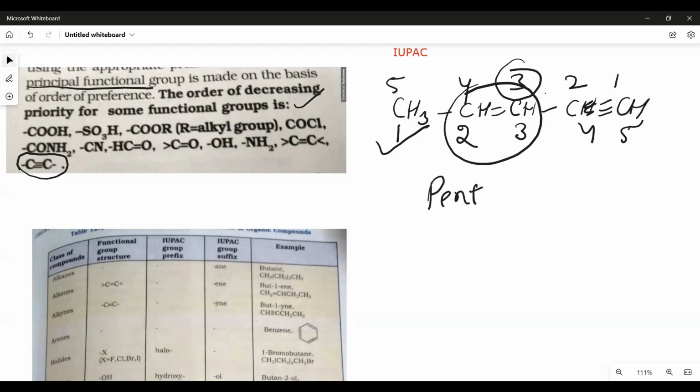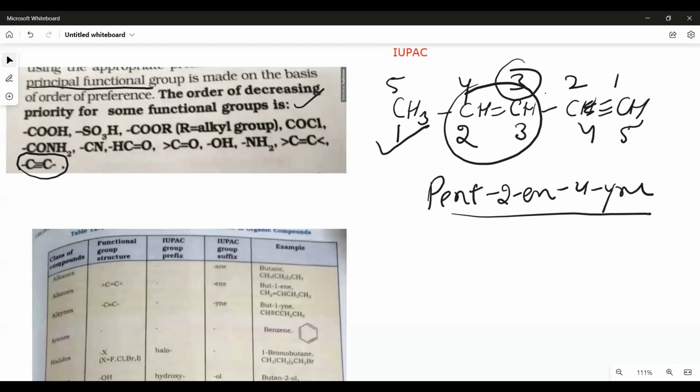As a double bond or a triple bond is present, we have to write the suffix according to the principal functional group. So here it will be pent-2-ene as it contains the double bond at the second carbon atom, 2-ene and 4-yne. So we can apply this priority rule to this molecule.